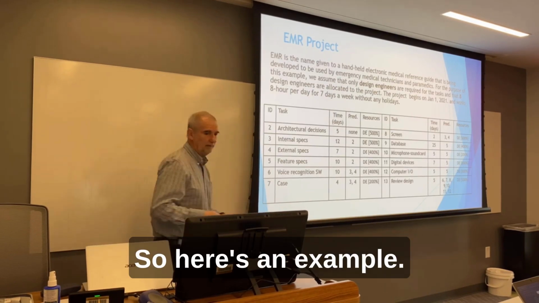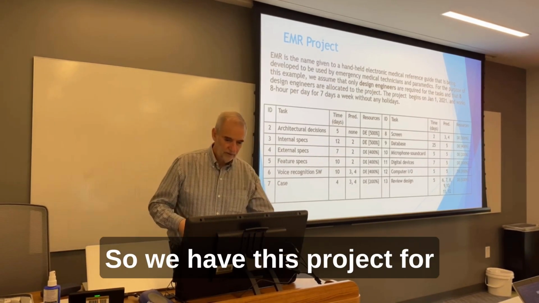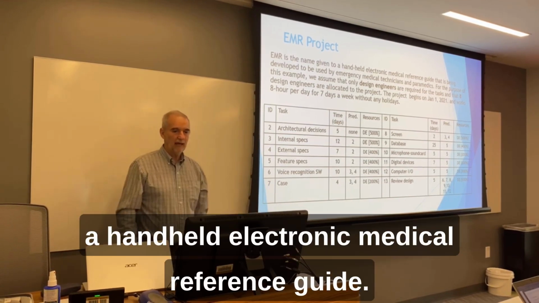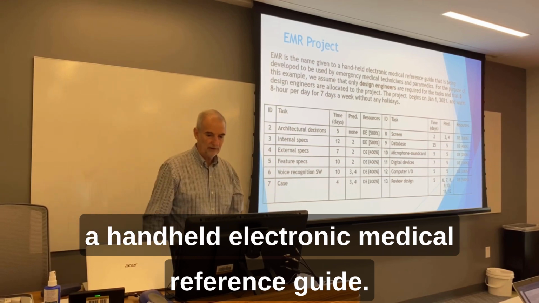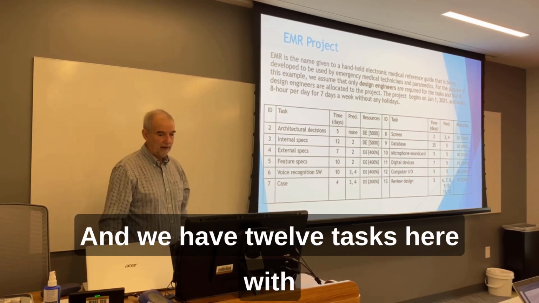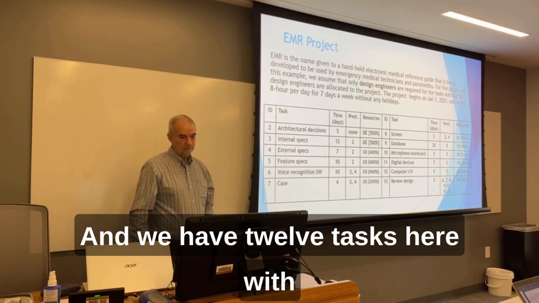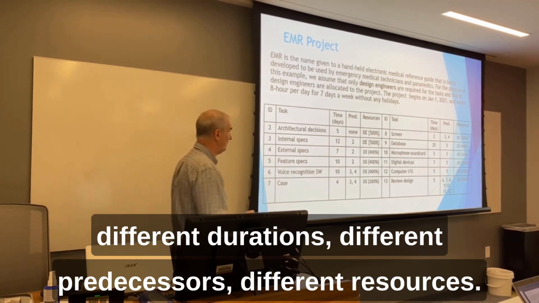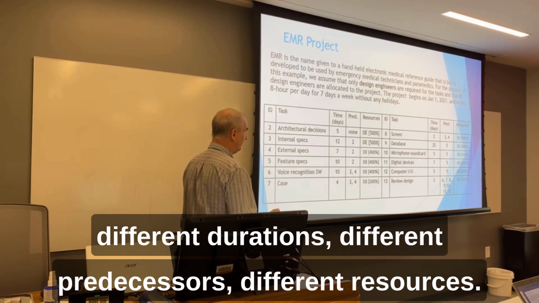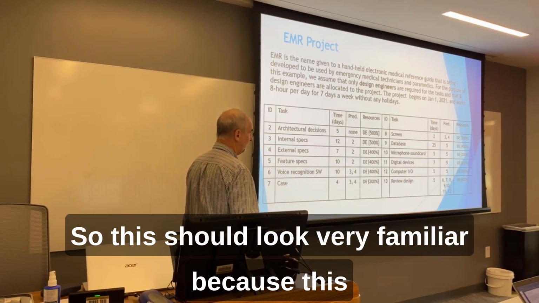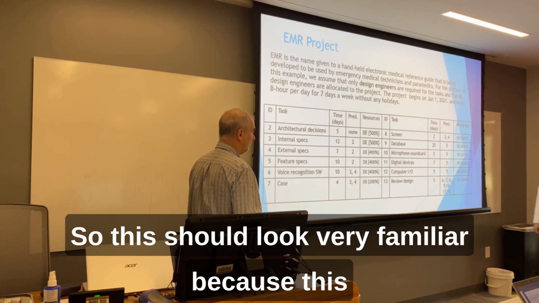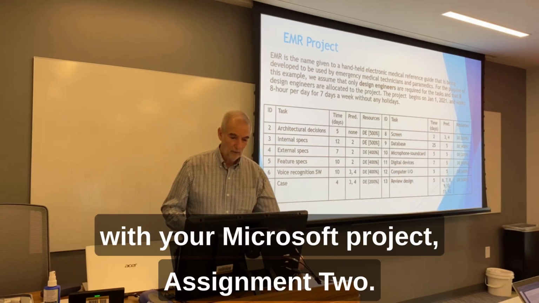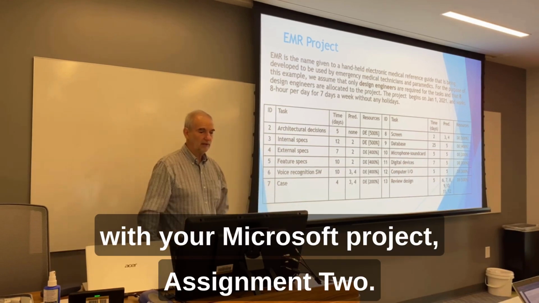So here's an example. We have this project for a handheld electronic medical reference guide, and we have 12 tasks here with different durations, different predecessors, different resources. This should look very familiar because this is very similar to what you just had with your Microsoft Project Assignment 2.